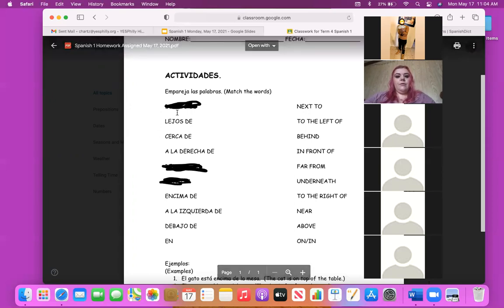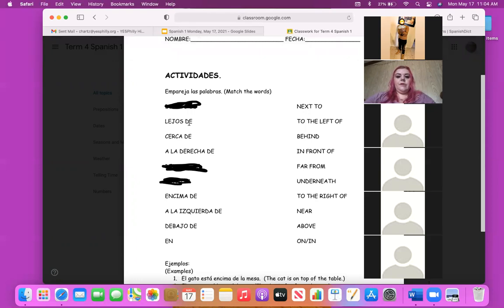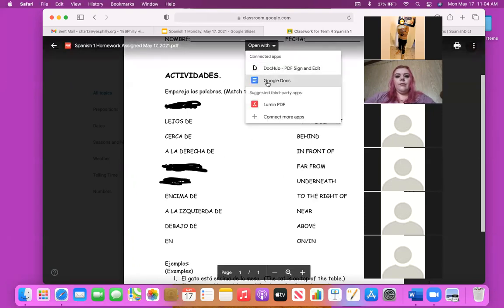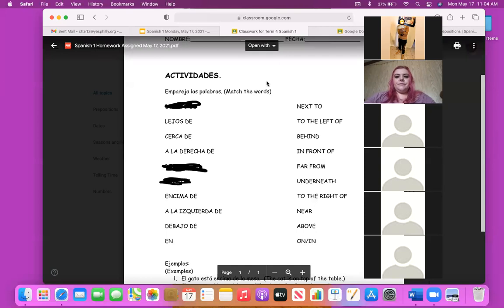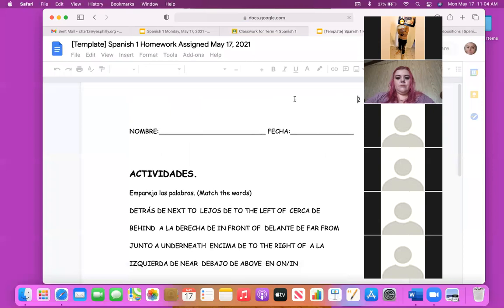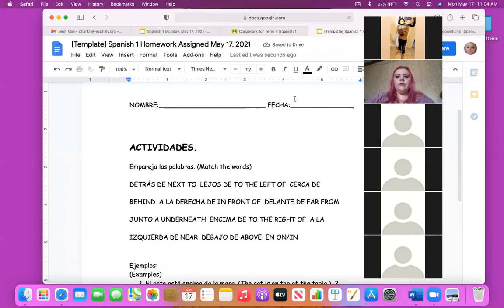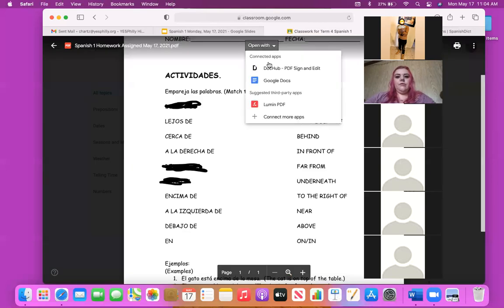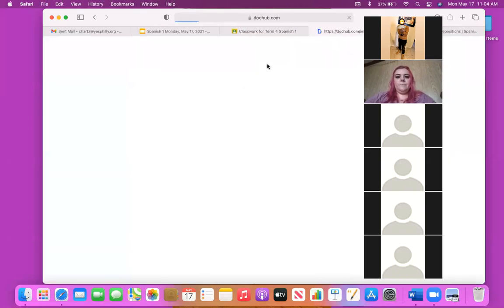An example would be lejos de. You're just going to match that with far from, right? Like I said, you could draw it. I think you can open it with a Google Doc. Let me see. Okay, no, that doesn't really work. Let me see if this works.